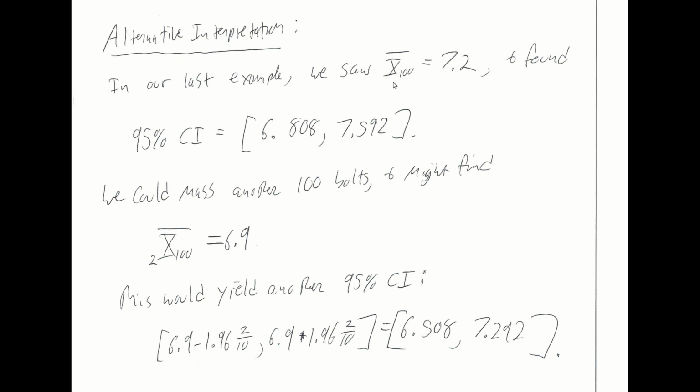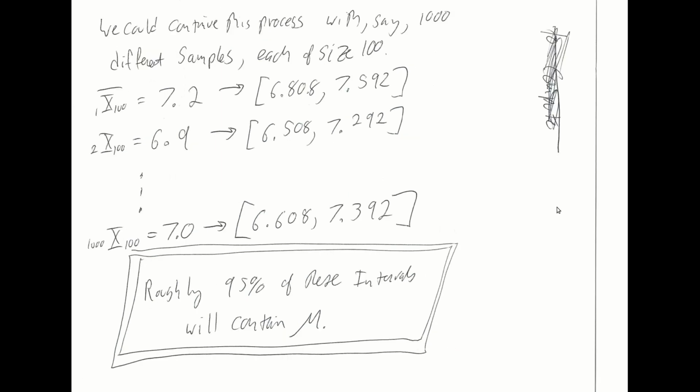Our first sample of size 100 generated the first confidence interval, and our second sample generated a slightly different one. I could continue this process. I could buy a ton of different boxes of bolts, and each would have an average mass that would generate a different confidence interval.